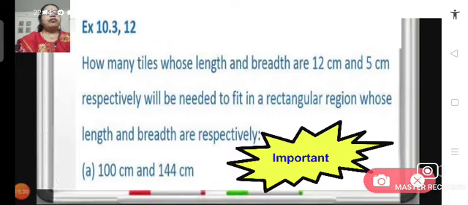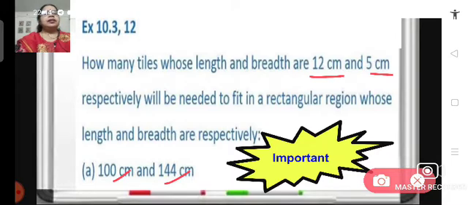That means we have tiles, each tile is of length 12 centimeter and breadth 5 centimeter. That means rectangular tile. And how many such tiles will fit into an area of the rectangular region, which is 100 centimeter wide and 144 centimeter long. So what we have to do?